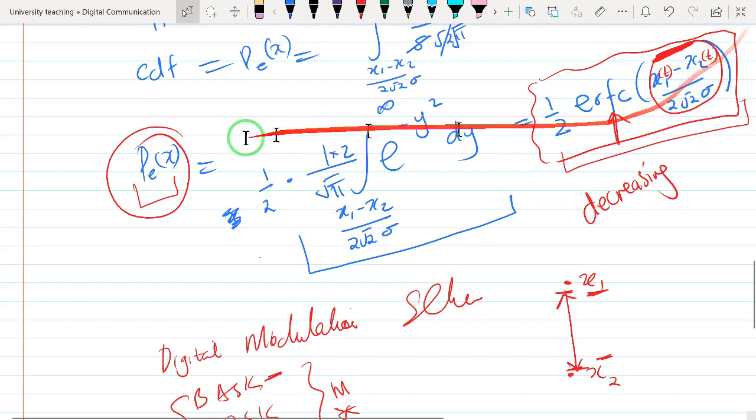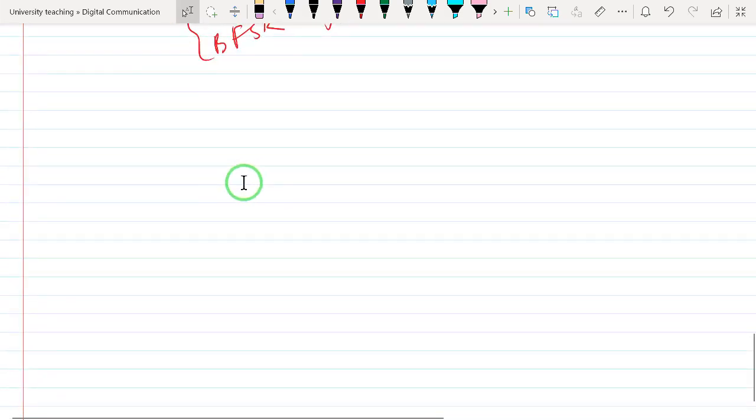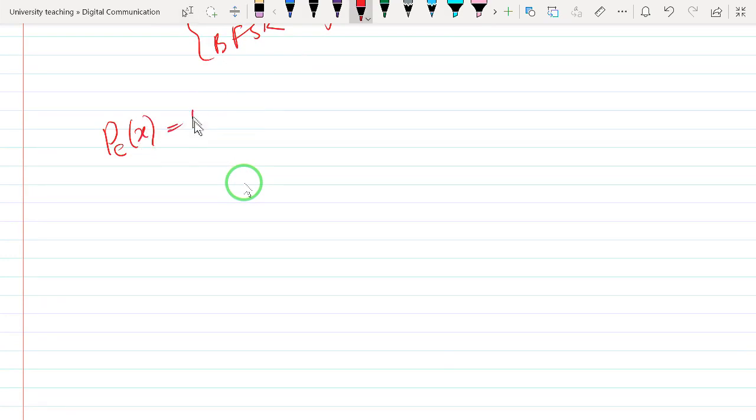So we can now express this equation as follows. You see the probability of error that the received variable x is in error. We have seen that it is given by 1 over 2 ERFC of (x1 of t minus x2 of t) divided by 2 root 2 sigma.